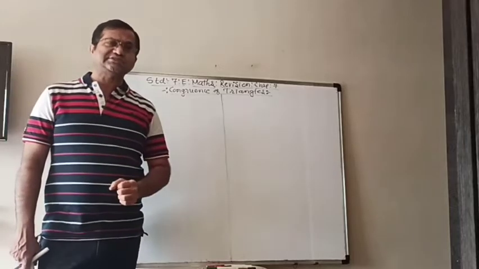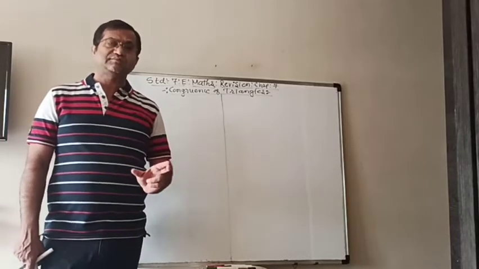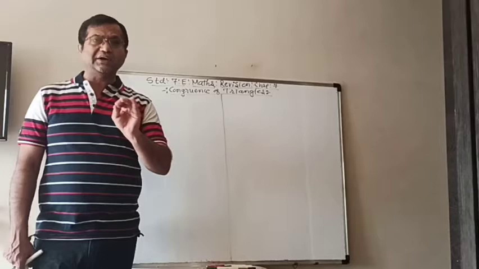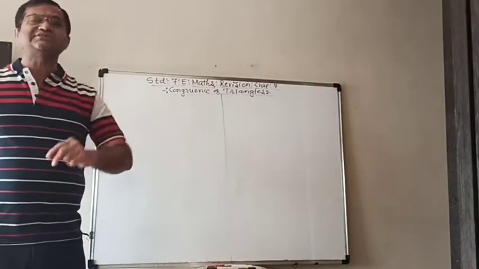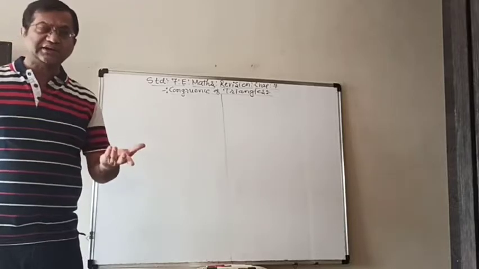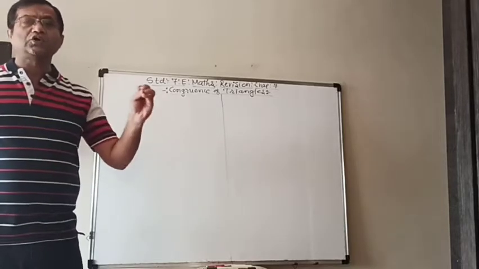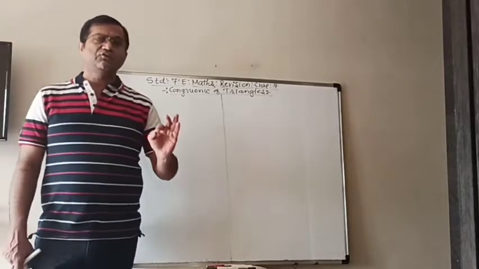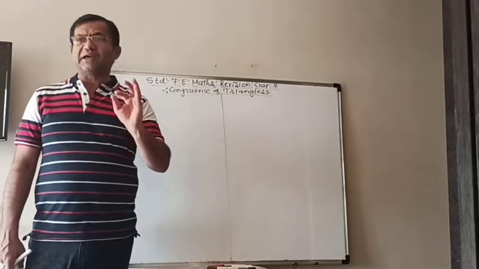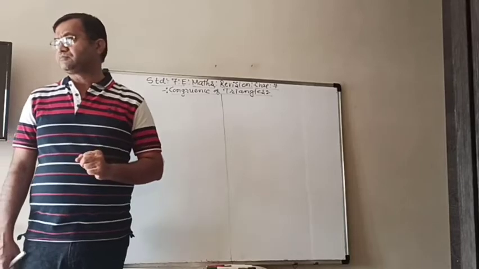Two line segments that have the same length, you can say that they are congruent line segments. If two angles have the same measure, we say that they are congruent angles. It is simple for the line segments and the angles.